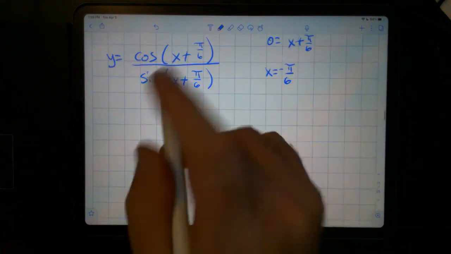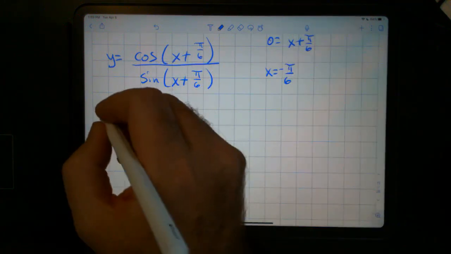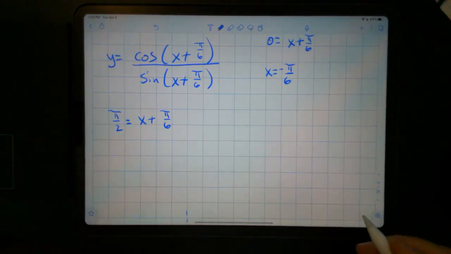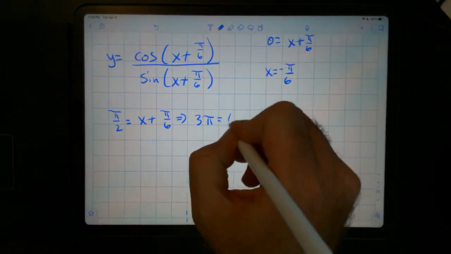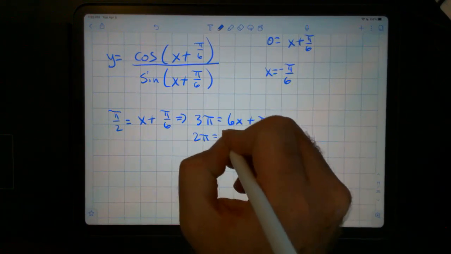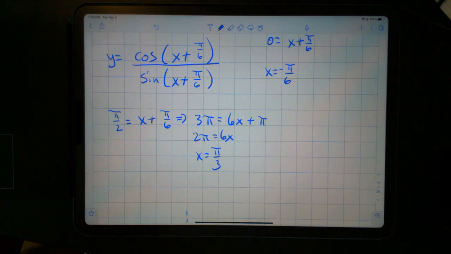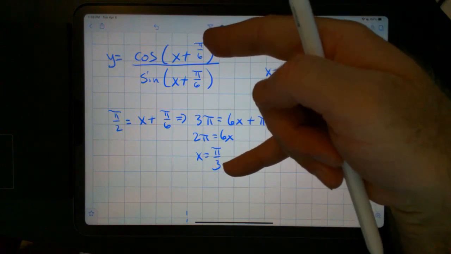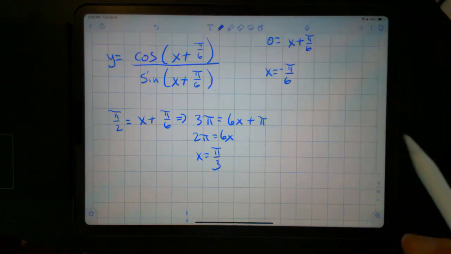The numerator, what makes this 0 is cosine of pi over 2. So if we set pi over 2 equal to x plus pi over 6 and multiply everything by 6, we have 2 pi equals 6x, which means x equals pi over 3. So when x equals pi over 3, x plus pi over 6 will be pi over 2, and the cosine of pi over 2 is 0. 0 divided by non-zero gives you 0.